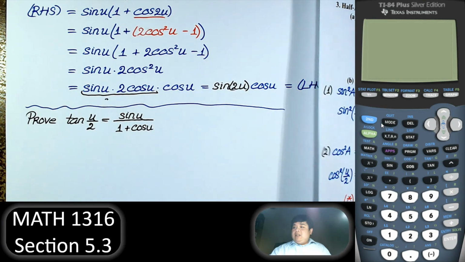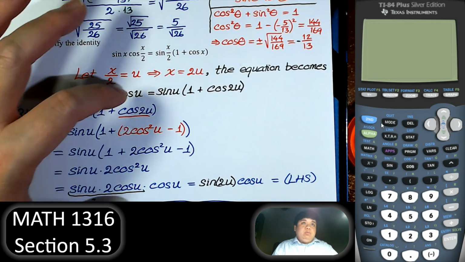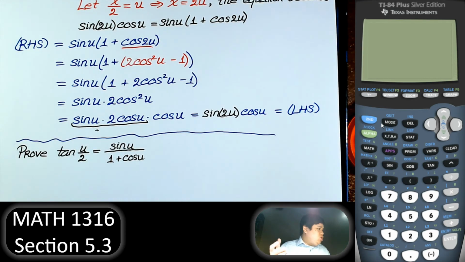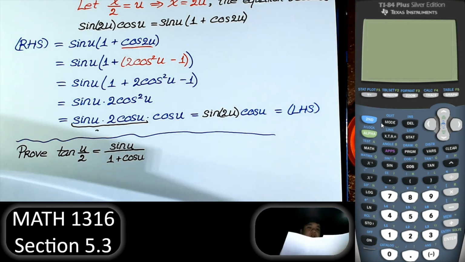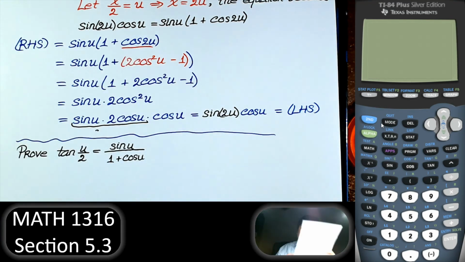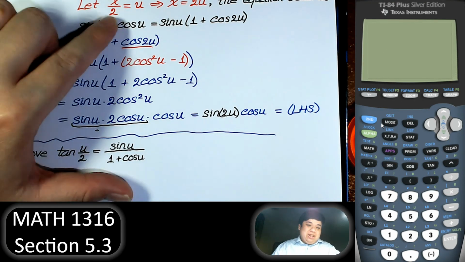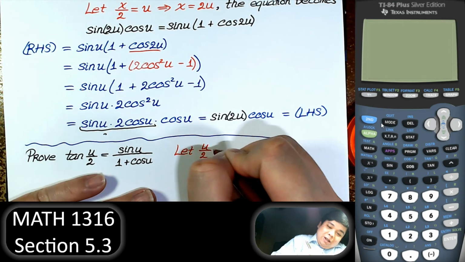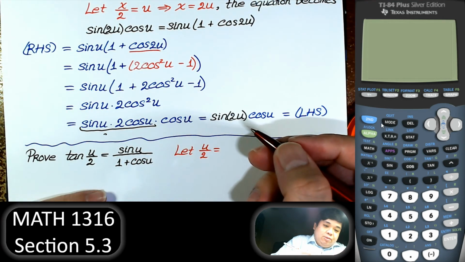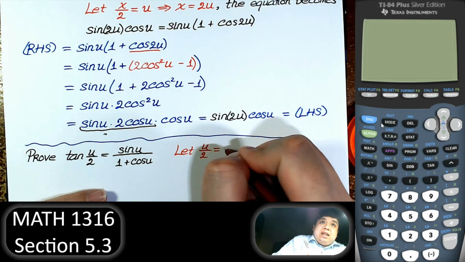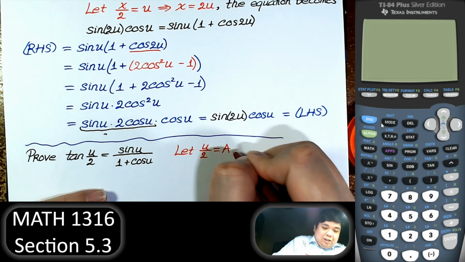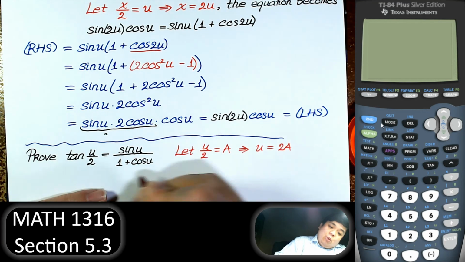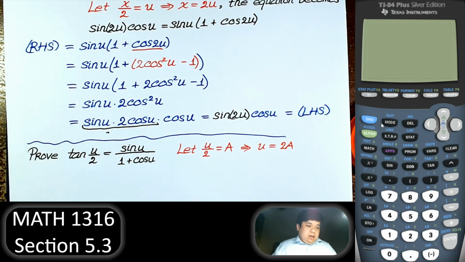Right, let's prove that. So, similar to here, if we don't want to work with the half angle, because the half angle usually involves the plus or minus. So let's square both sides. Sorry, not square both sides. Let's do the substitution. Let u over 2 be the angle. Let's say A. So in that case, u is equal to 2a. Now we substitute into the identity.